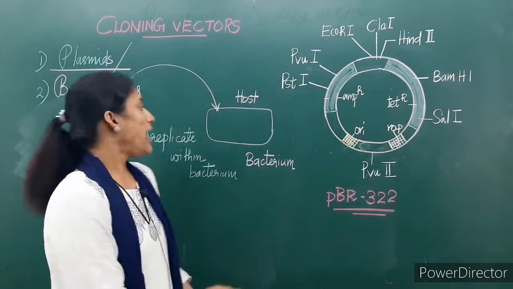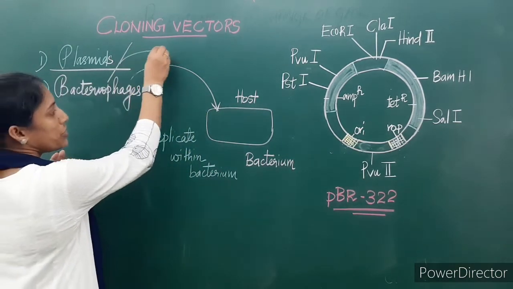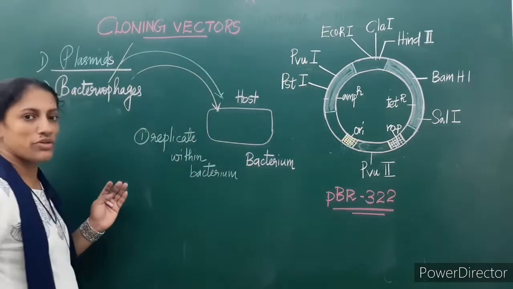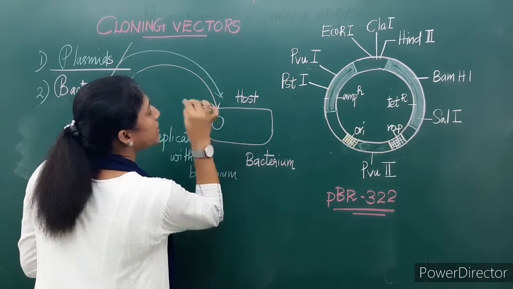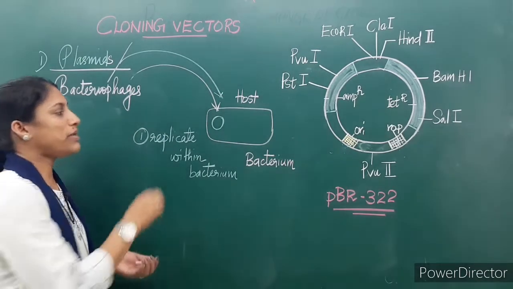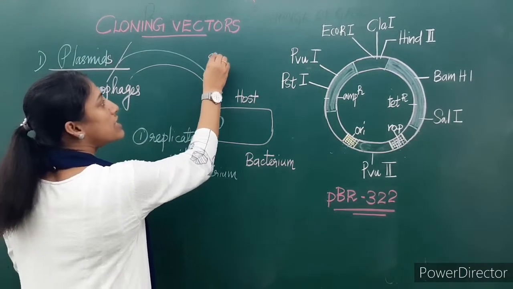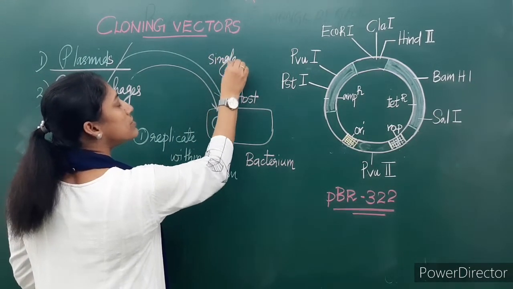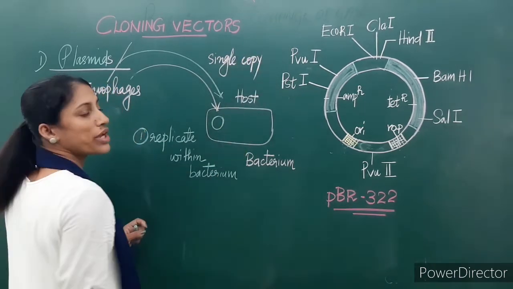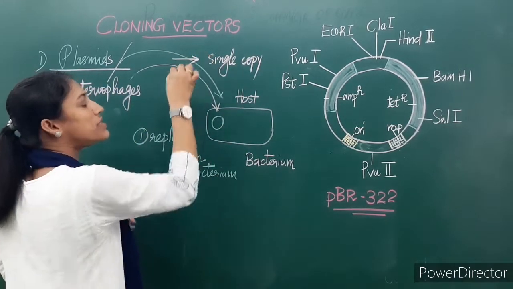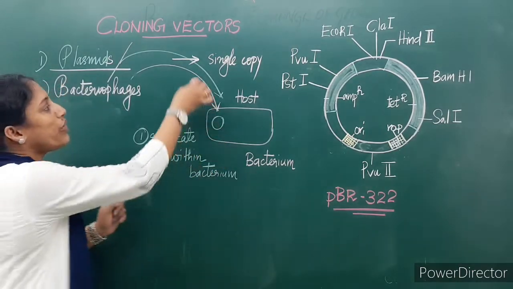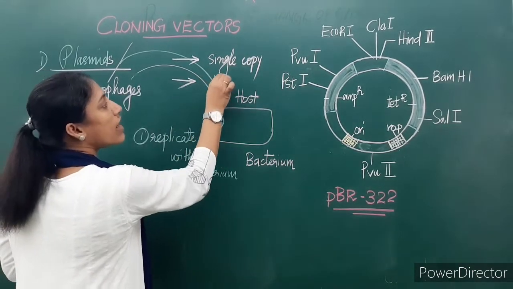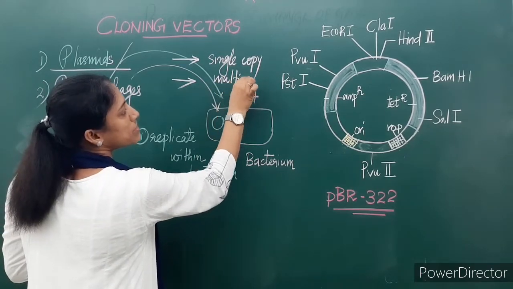Are you okay? And a very important thing, usually some of the plasmids show only a single copy inside the host cell. Some of the plasmids are single copy plasmids. Such plasmids are able to produce only one copy inside the host cell, whereas some other plasmids are multi-copy plasmids.